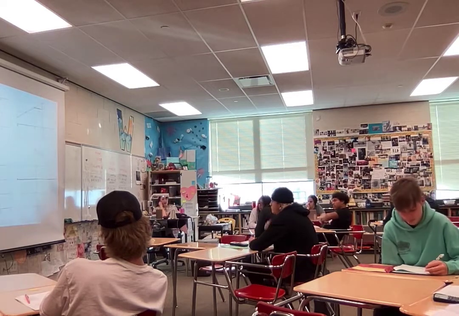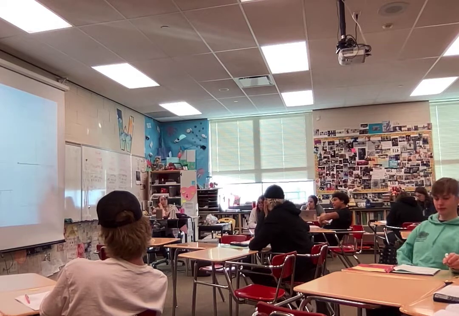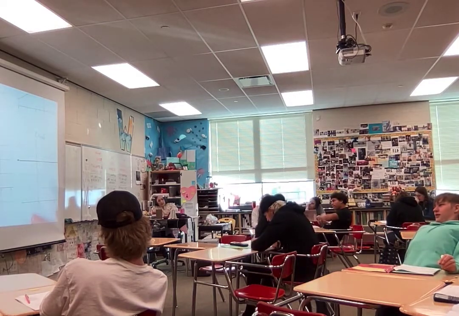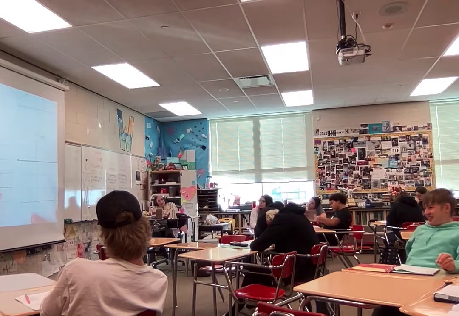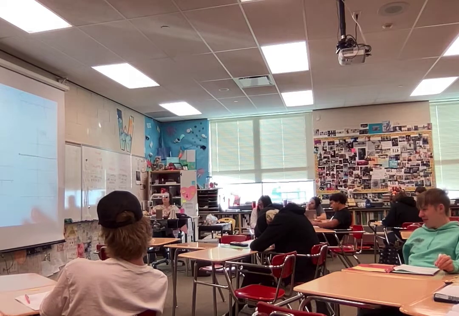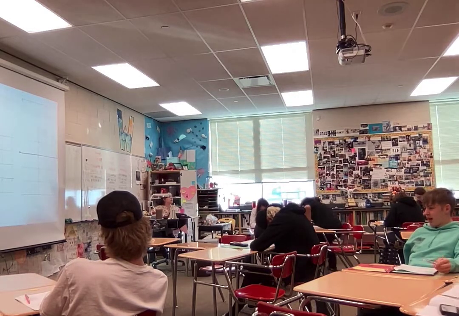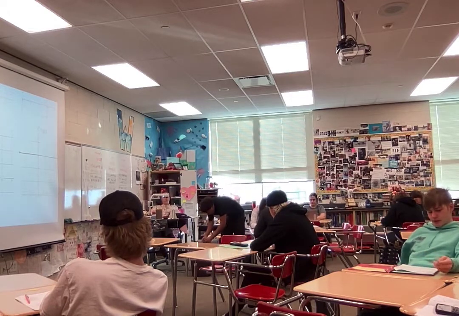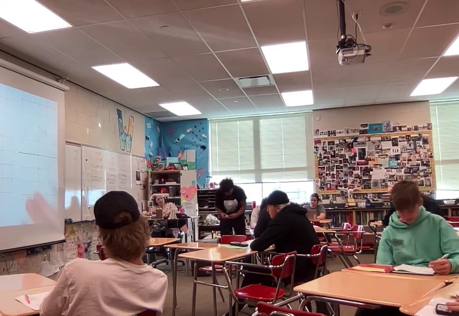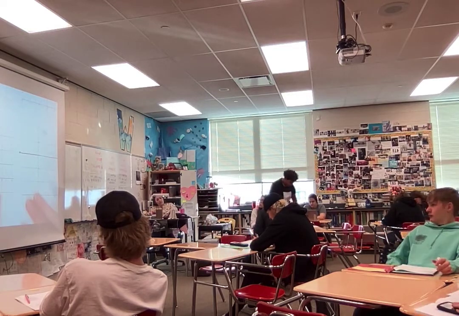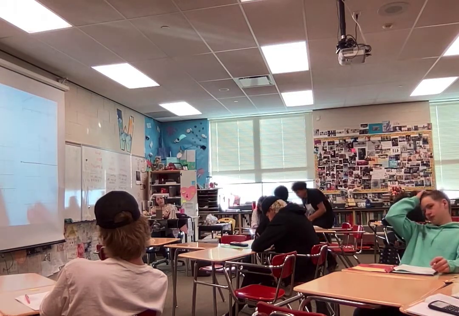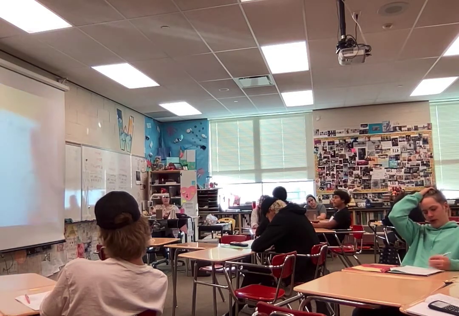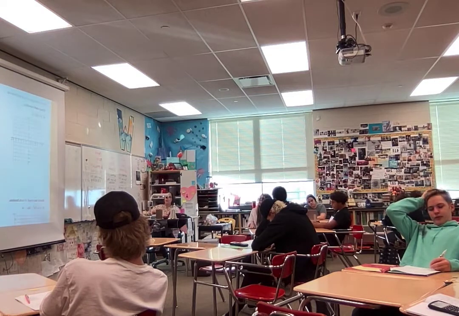What about this one, where the line is right here? Kira, do you know what is the equation for that line? X equals -1. Good. I think we can move on.